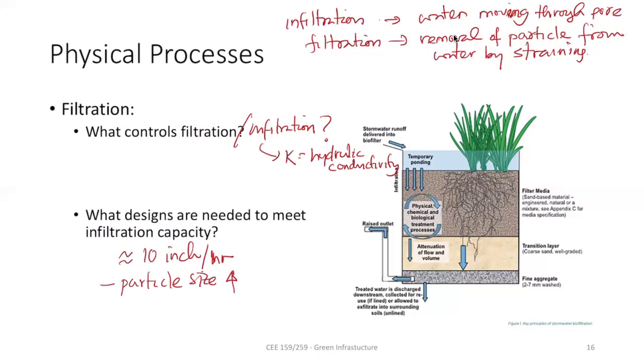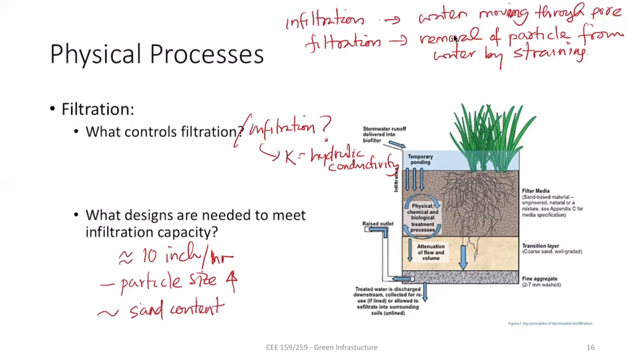If you want to improve filtration capacity, filtration meaning removal of sediments or particles, that is the space between them, so you can decrease particle size. That way you can remove more sediments. So that's why you have to have a balancing act. You do not want to add too big particles like gravel, but you want to add small enough particles like sand. So mostly the design is sand content.